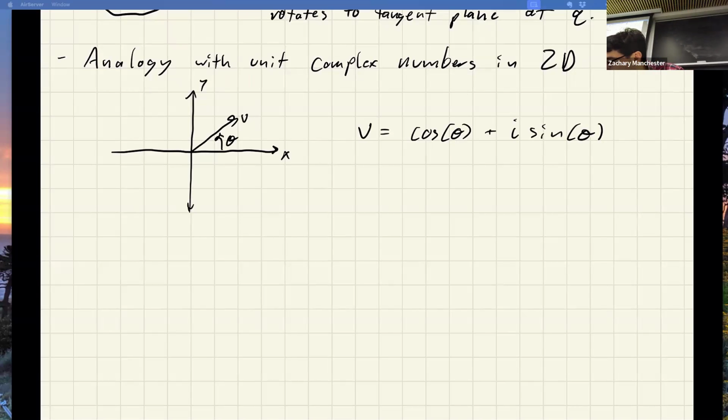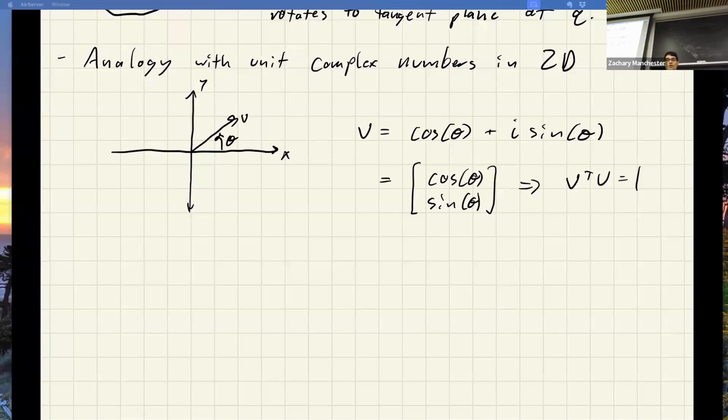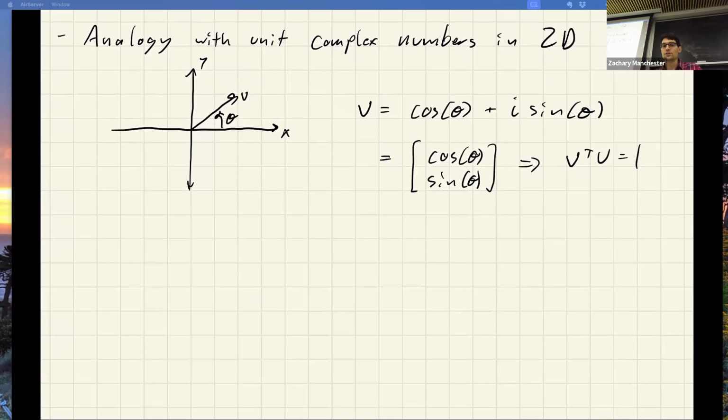If I stack them, I get cos theta, sine theta, and then v transpose v equals 1. So this is the complex plane, which I've seen before. Now what I want to do is write down v dot.